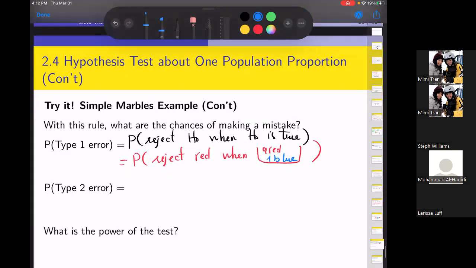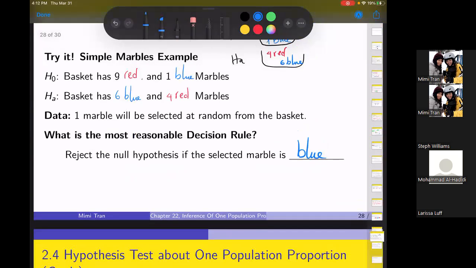So your question here is, what is the probability that you reject H naught? Reject H naught means you pick a blue, because the rule says reject the null hypothesis if you select a blue marble.